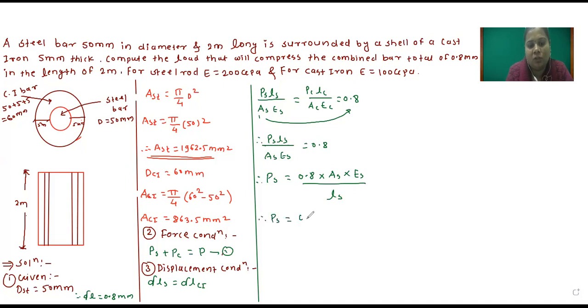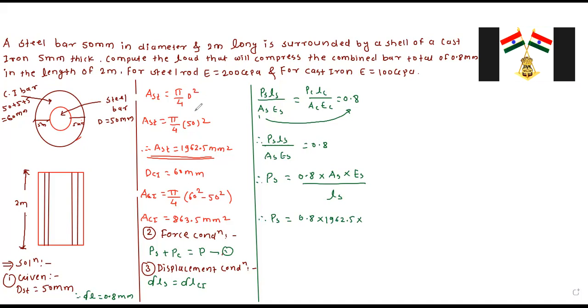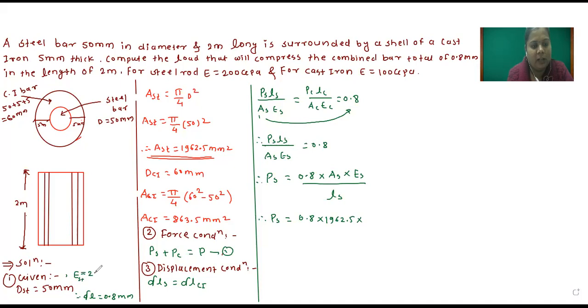Okay, so now we will put values here. So PS is equal to 0.8 into area of steel rod, which is 1962.5, into Young's modulus of steel rod. How much is it? 200. Okay, so here E steel is equal to 200 into 10 raised to 3 MPa, divided by length of steel rod, which is 2 meter, so 2000 mm.